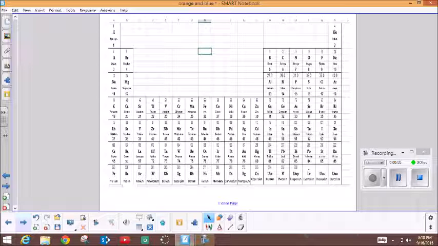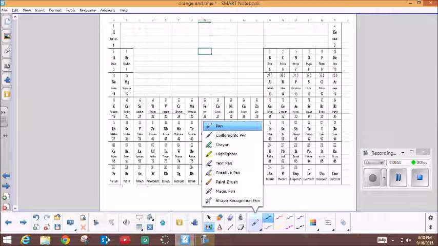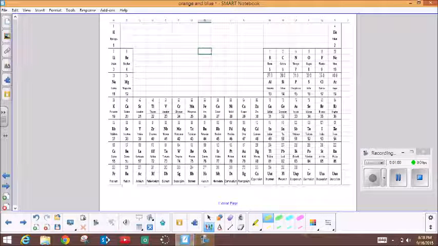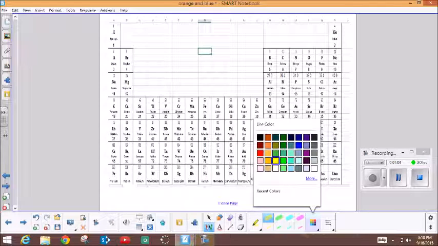For starters, when you are trying to memorize them, I have them divided into either the orange or the blue ions. So let's first talk about which ones are the orange ones.